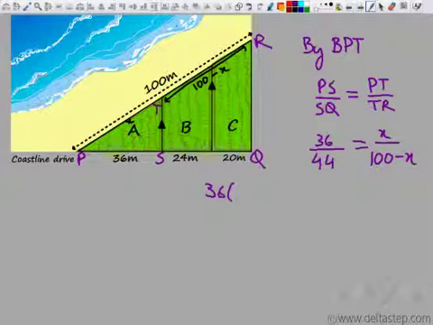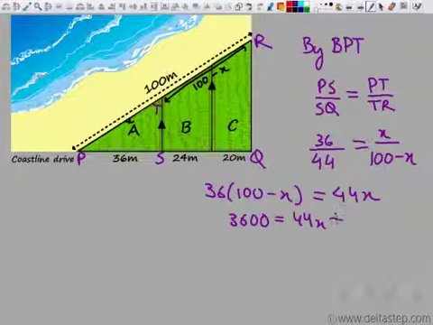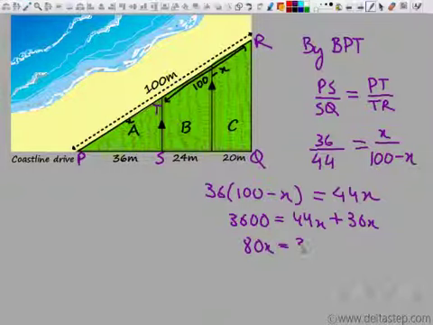Cross multiplying, 36 into 100 minus X should be equal to 44X. Or I can say 3600 would be equal to 44X plus 36X. So I get 80X is equal to 3600.